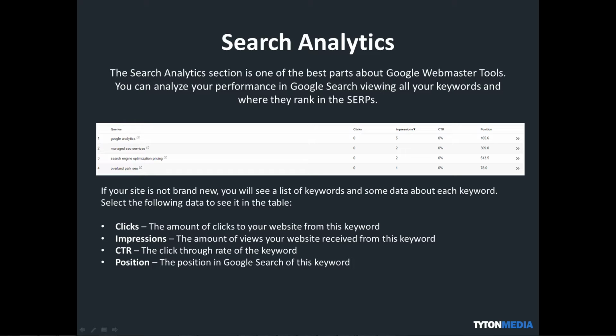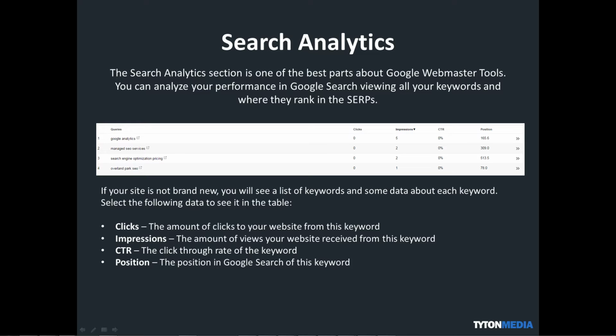And that's how you calculate the next one, click-through rate. That's the amount of clicks you've got from the amount of impressions that you had on that listing. The position is the current position that you are in Google for that certain keyword. Now the position, it's not super accurate.